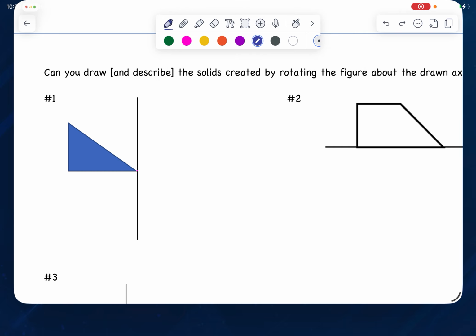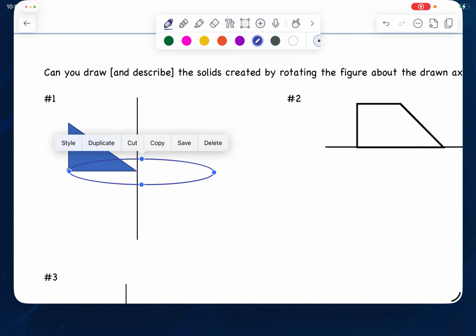I'm hoping you understand that this corner right here, the bottom left-hand corner, is going to be rotating around. Oh, sorry, my pictures are probably not going to be the best here, but I'm going to give it a whirl. Okay, and then I'm going to move this so the center is there. There we go.